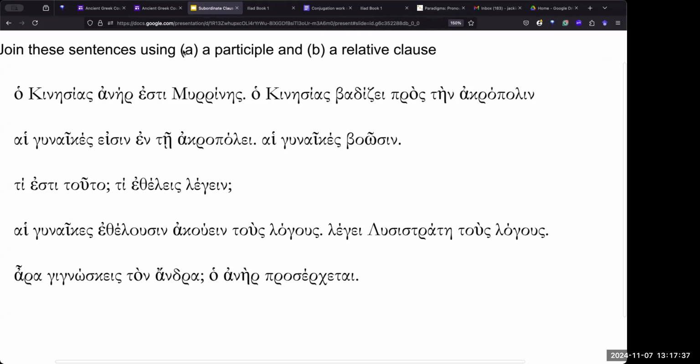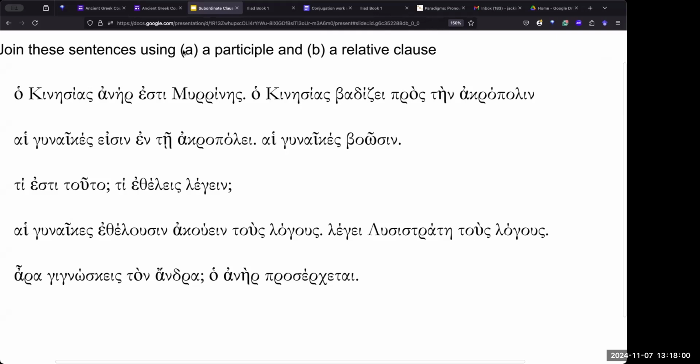Remember, you're always trying to look for the thing that's repeated, and then you're going to make one of them into the relative that you need. So what's repeated? Tus logus, right?